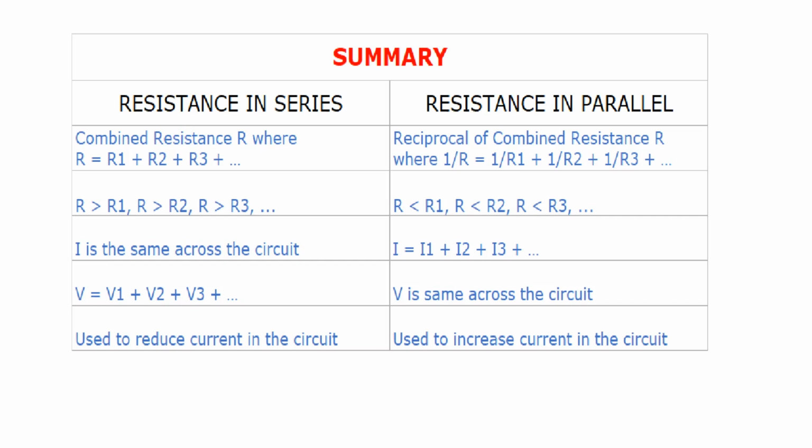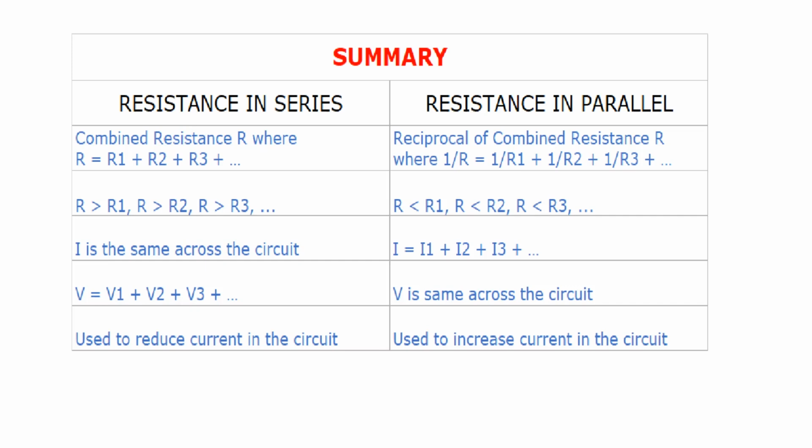In parallel resistances, this combined resistance R is less than the individual resistances. So R is less than R1, R is less than R2, R is less than R3, and so on. When the resistances are connected in series, current is same in all parts of the circuit. When the resistances are in parallel, total current I is equal to I1 plus I2 plus I3, and so on.